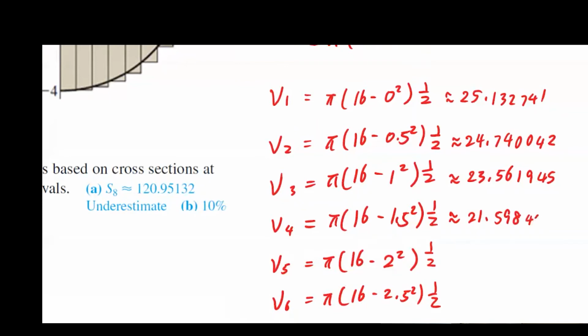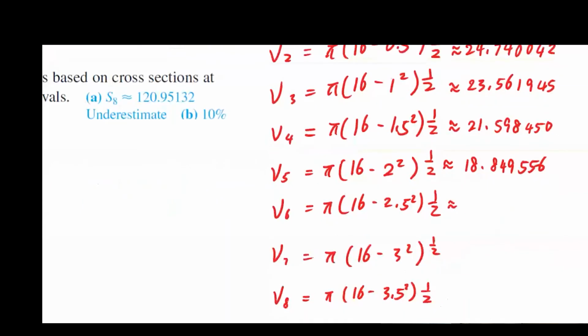Okay, somebody add this up as we go. V5. 18.8. Oh, this is 18, I wrote 20. This goes way down. 18.849556. And V6. Can somebody else go now?